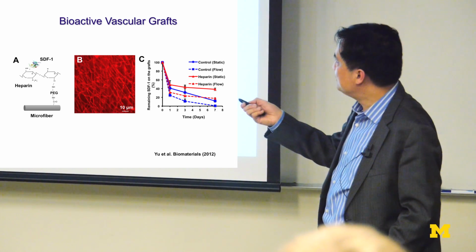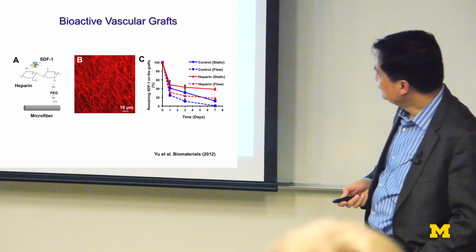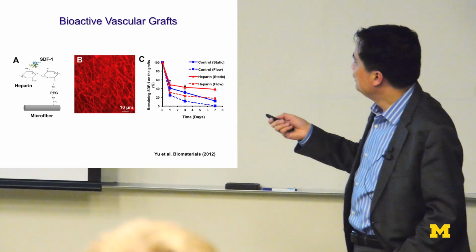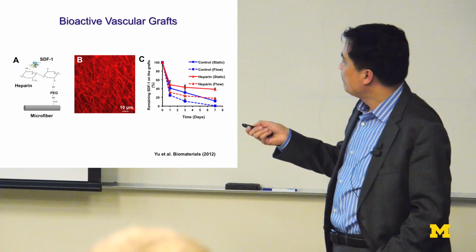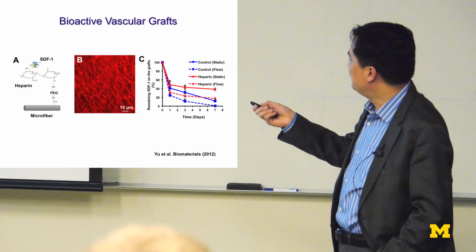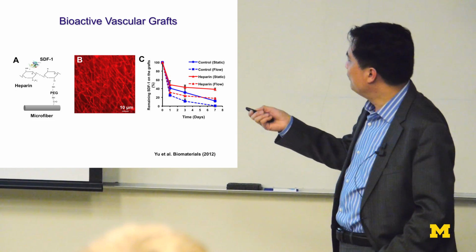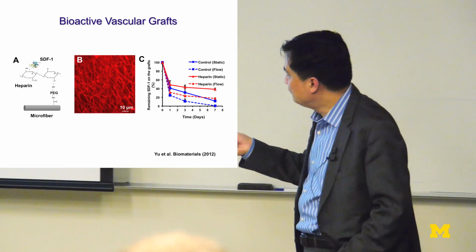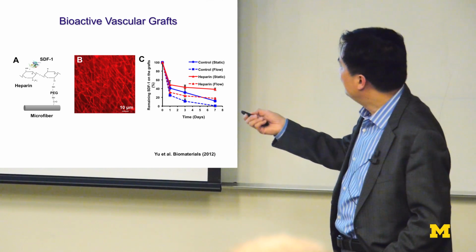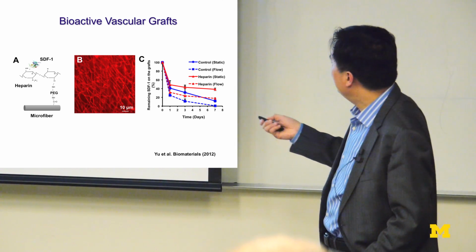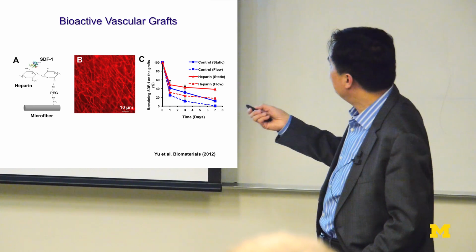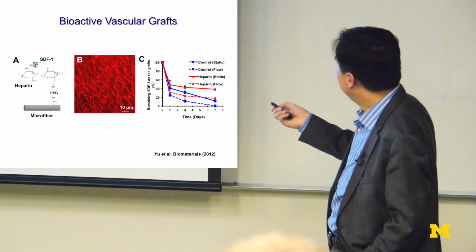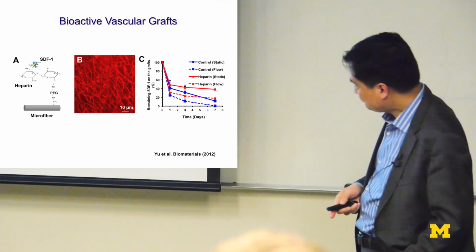All the surfaces are coated with SDF1. In the release profile, we can see if you don't have heparin, you're going to have a very quick washout by the flow. After 1 week, all the immobilized SDF1 is gone. But if you have heparin as a surface modifier, you can retain SDF1 for a much longer period, shown in this red curve.